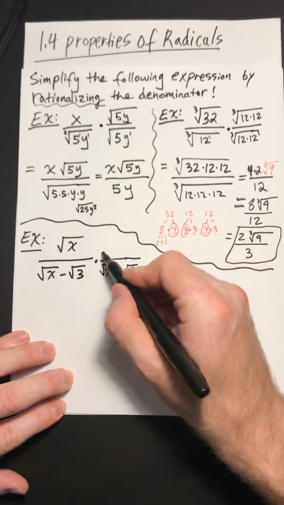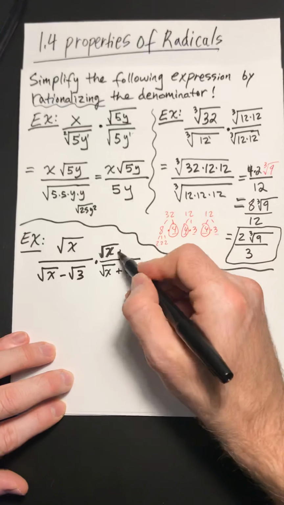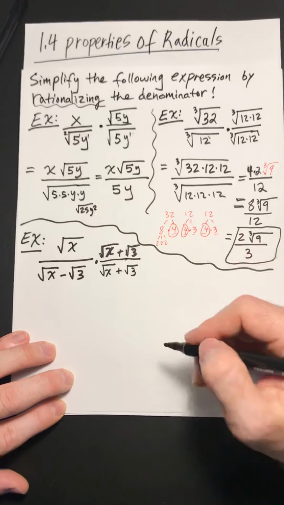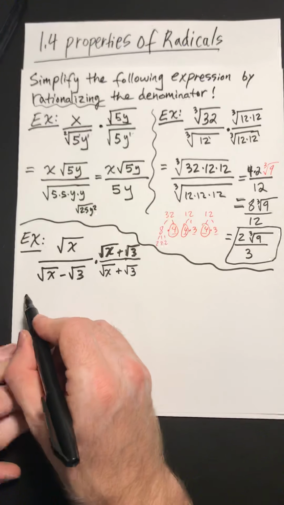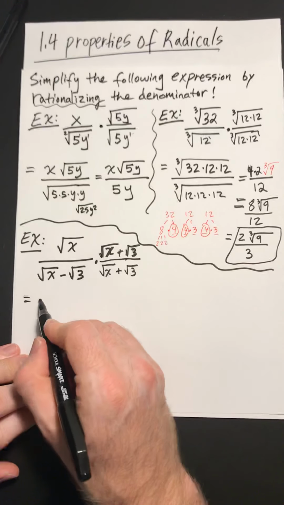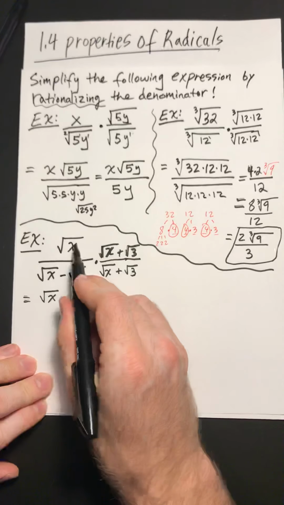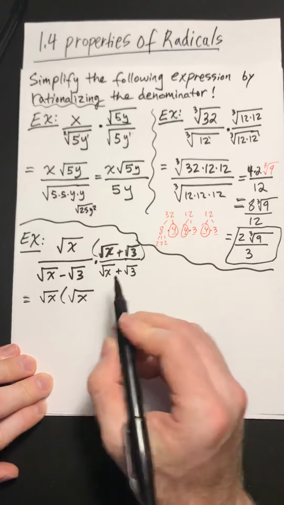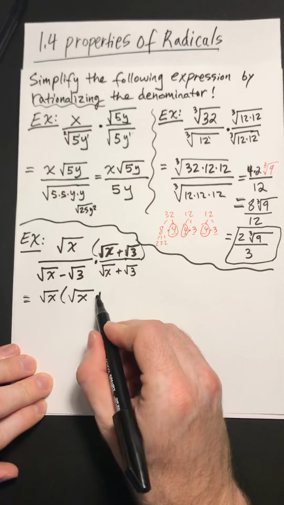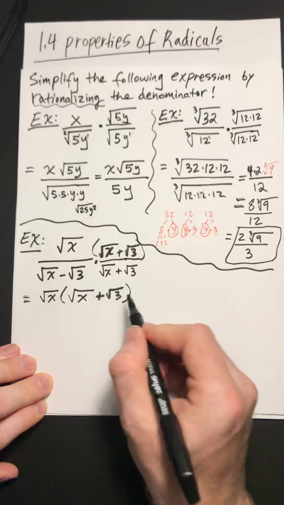Now if I multiply on the bottom, I need to multiply the same thing on the top. Keep it the same expression. Okay, so the top is pretty easy. It's square root of x multiplied by this whole quantity here, square root x plus square root 3.